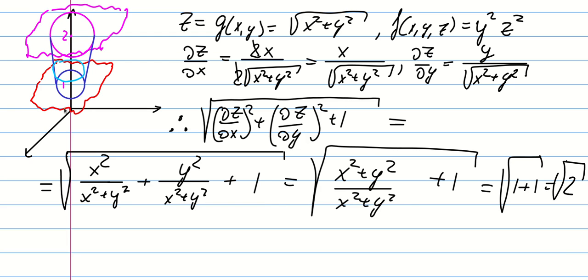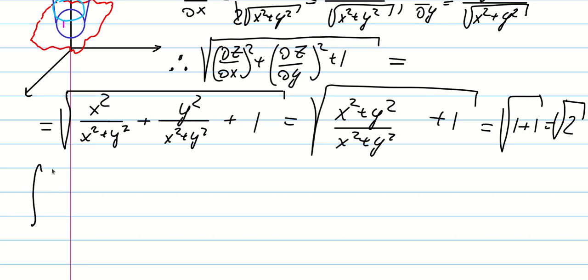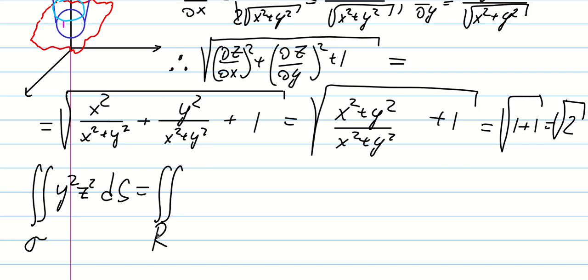So now we're ready to set it up. So we say that the double integral over sigma of y squared z squared dS is equal to the integral over the region R, which we'll figure out in the future.